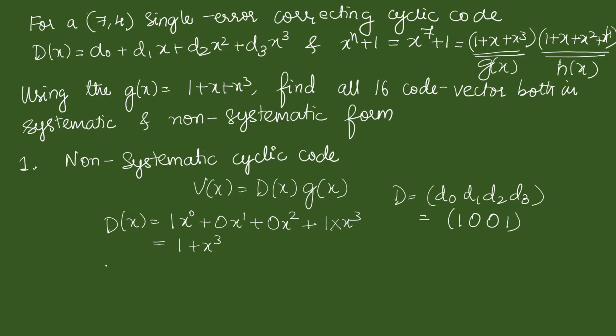How to find out the code word? Since I know g and I know d of x, I am going to find v of x by multiplying 1 plus x cube with 1 plus x cube, which is the generator polynomial. So v of x is 1 plus x cube multiplied by 1 plus x cube. I multiply the second polynomial with 1 first: 1 plus x cube.